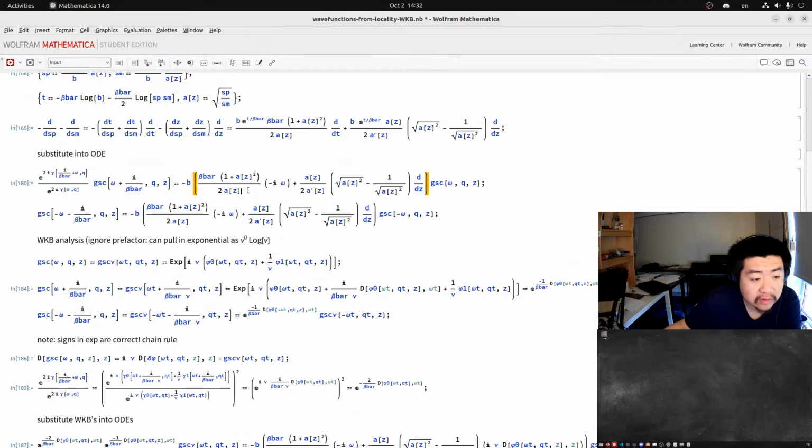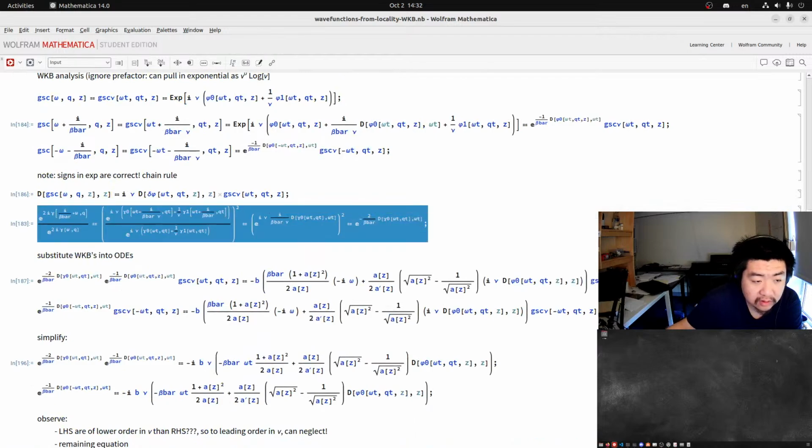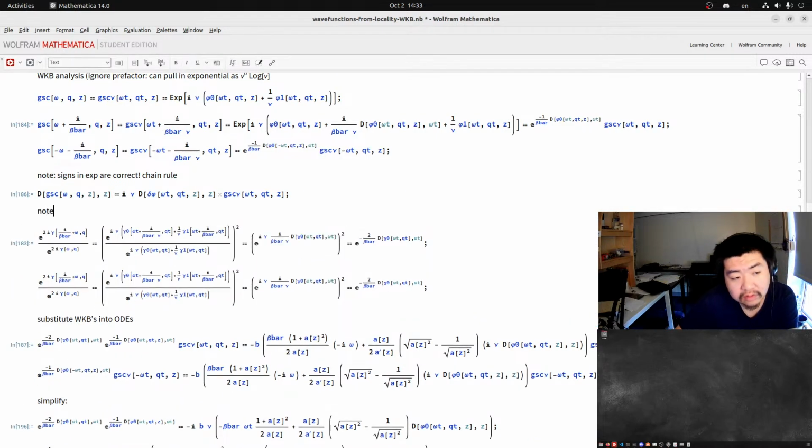No, that's 5. That's there. This thing is not what I want. So note: the WKB expansion of gamma has an order nu squared term. Use horizon phase shifts delta instead.